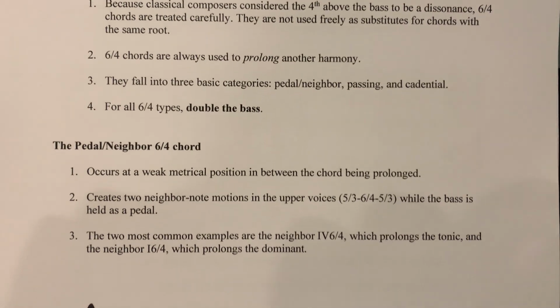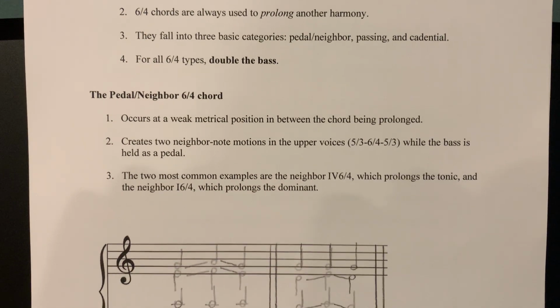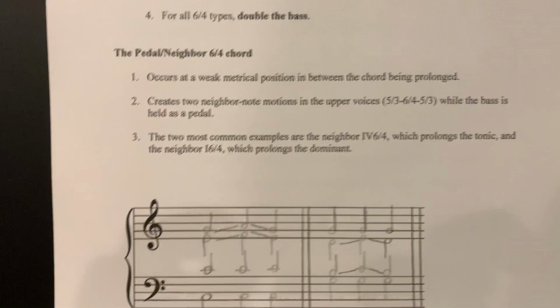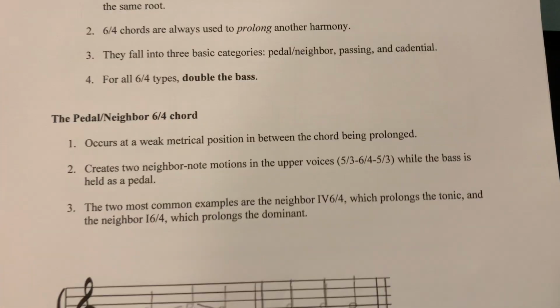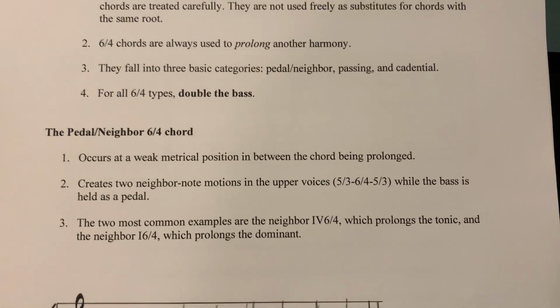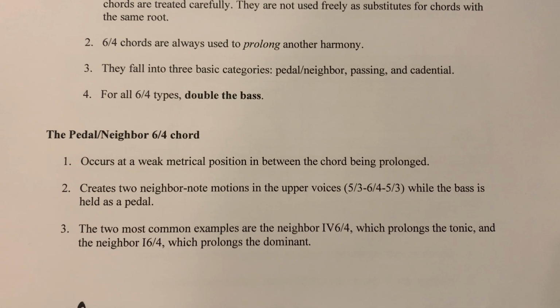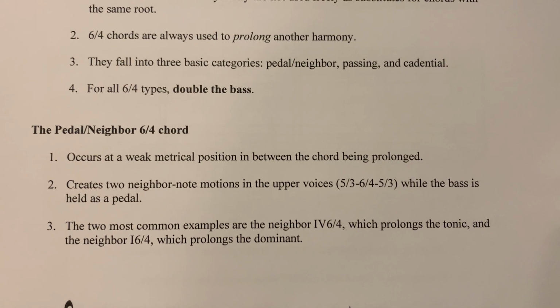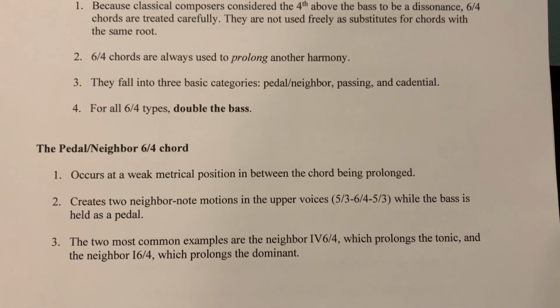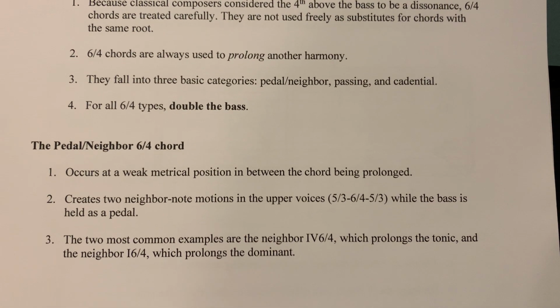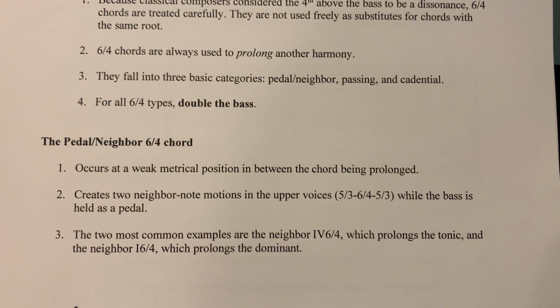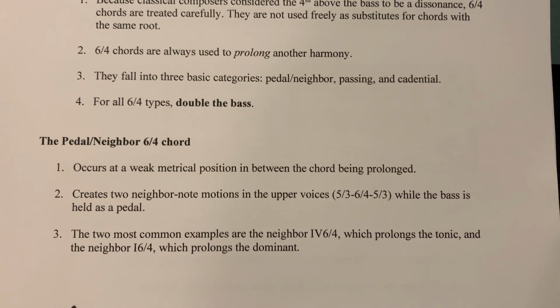All right, we're now going to talk about the 3 types, and let's start with the pedal or neighbor 6/4 chord. Of course, have your handout with you as you're doing this. Now, the reason this chord goes by 2 names is that the voice leading is going to have both of these components.